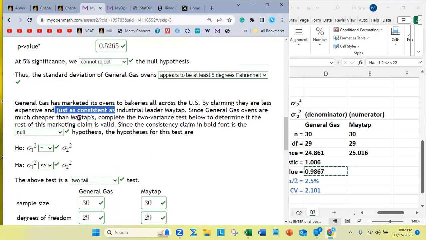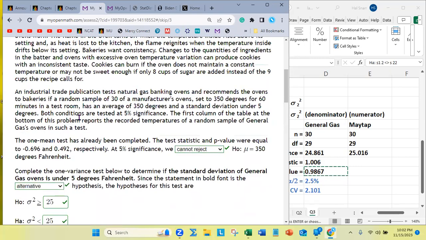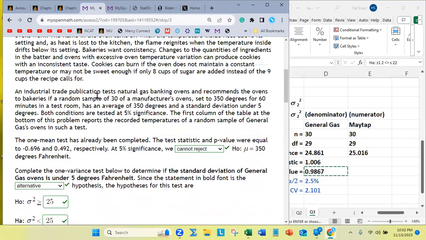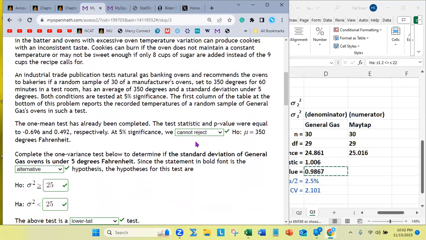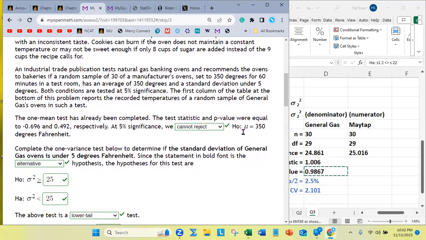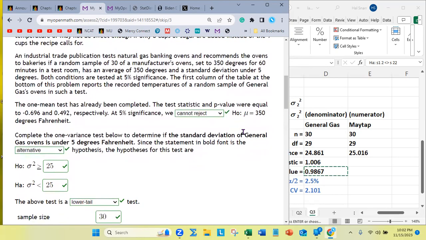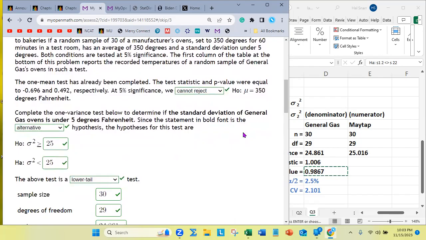So although we didn't get the industrial trade publication's approval, because we could only say that our ovens' average is 350 degrees and couldn't say our standard deviation was under 5 degrees, we only passed one test.